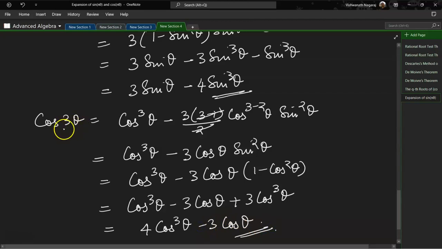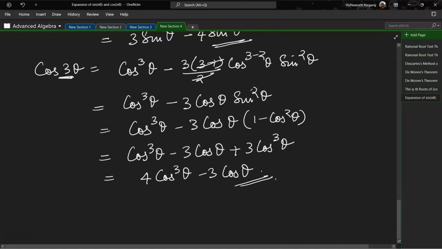So it doesn't matter what the value of n is. You can figure out the expression for cos nθ or sin nθ. Okay, that's it. Bye.